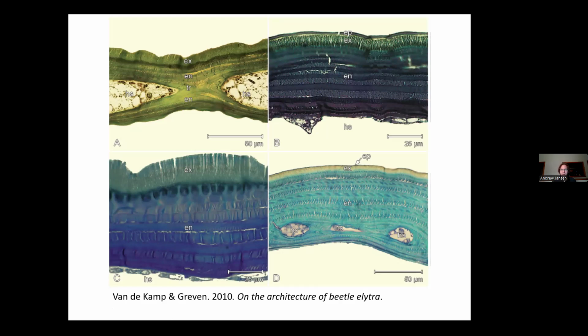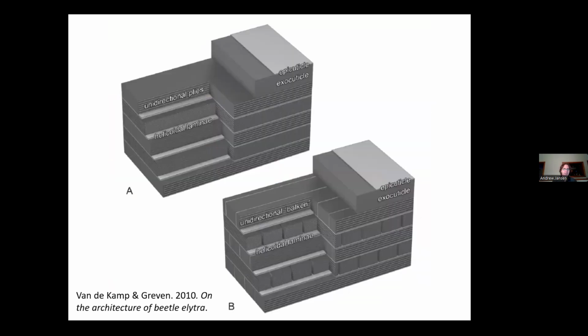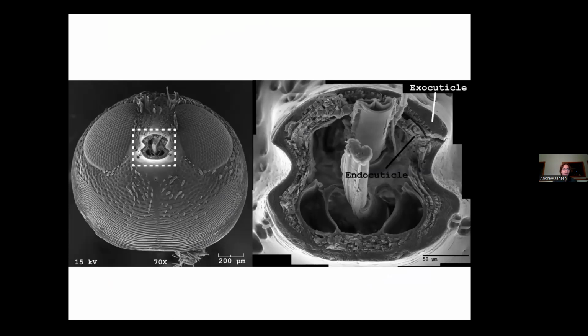So we have a much more useful notion of why these should be homologous, and the terminology flows from the homology rather than just basing it on color, which is notoriously fickle. And so this is Van de Kamp's notion of what different parts of the cuticle are homologous or not.